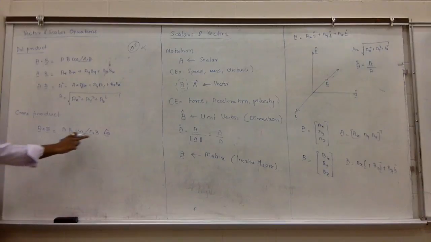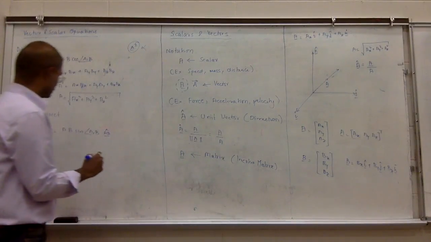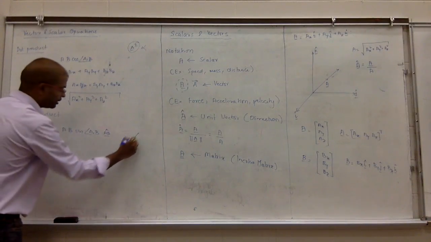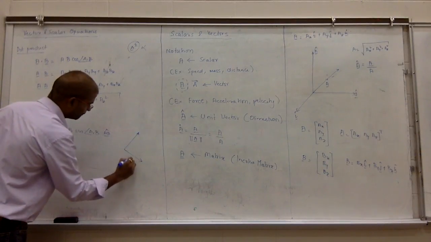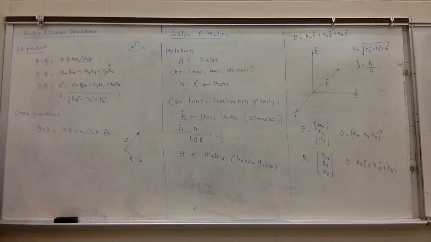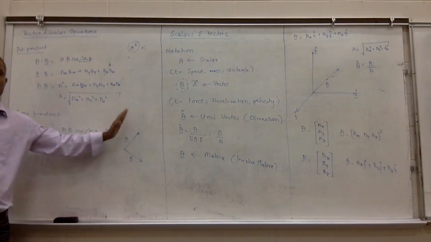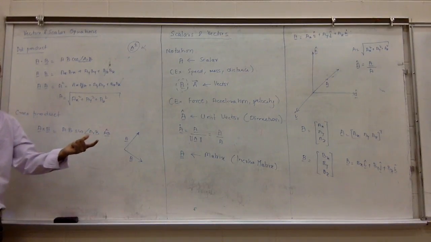What this means is, if you have, let's say this is A, this is B, right? If you do this, you get the projection of A on B, and the length of that.